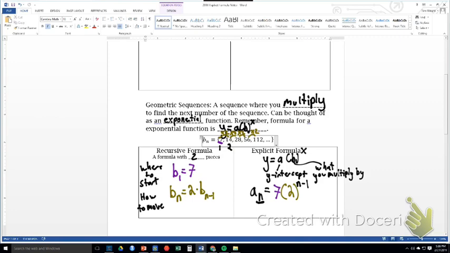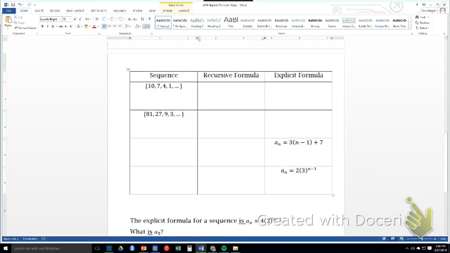All right, so now we're going to do some practice problems. Make sure that we can do this. So let's just go through these real quick. The recursive formula: a1 equals 10 because that's our first number. An equals, well, each time it looks like I'm subtracting 3.